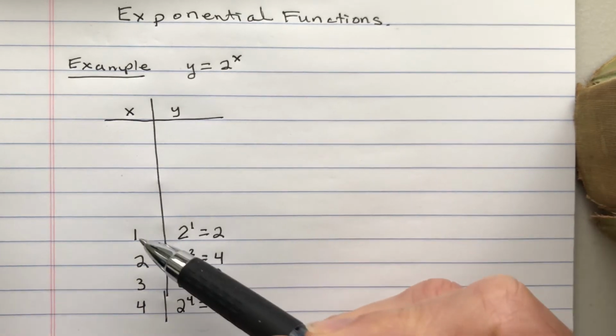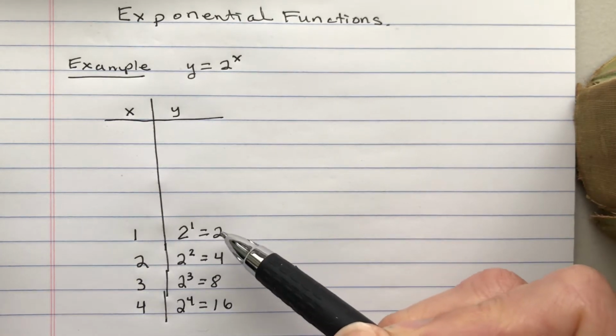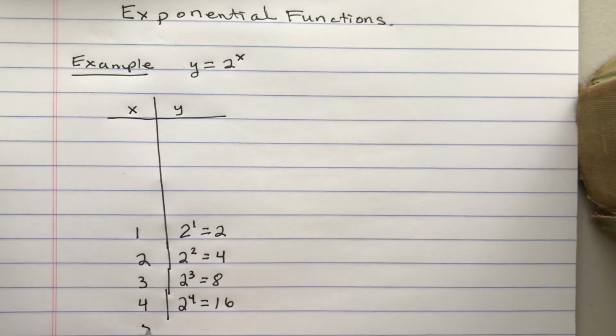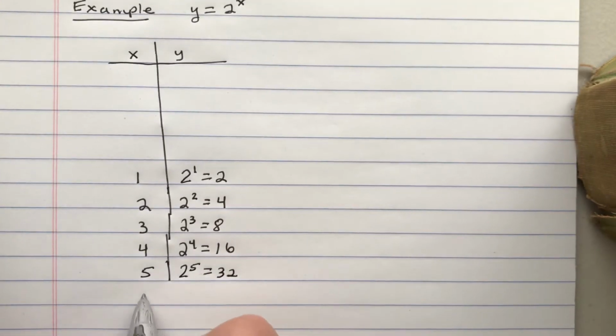As x progresses by 1, what happens to y? Y doubles. This is called exponential growth. And it's actually a really good idea to know some of these powers of 2. Just sort of memorize those, I think, would be useful.